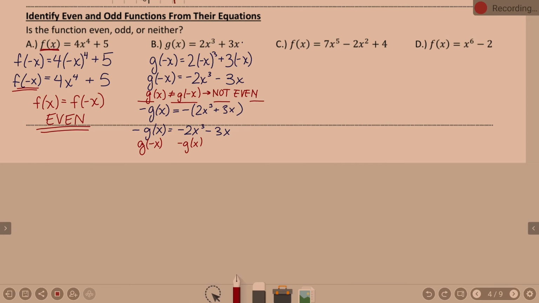So what do we know about those two? Are they the same? Yes. So if g of negative x equals negative g of x, what do we know? This is an odd function. You'll start to notice some trends as you go through these.